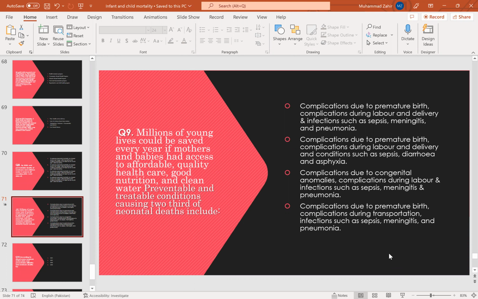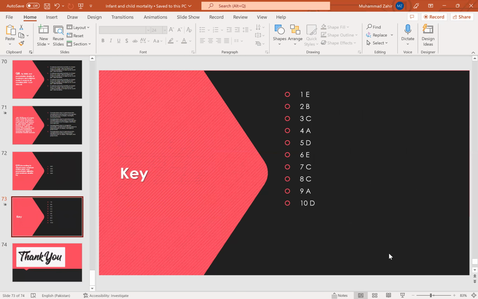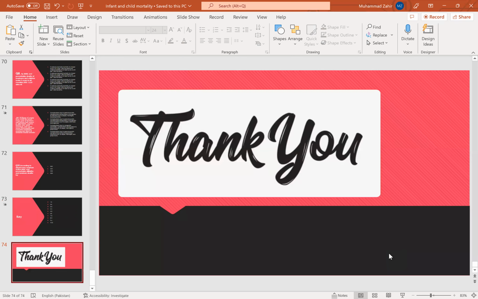These are the main complications. So A is the correct answer. According to the Every Newborn Action Plan, preventable stillbirths and newborn deaths will end by 2030. Yes, the correct answer is 2030. This is my key and thank you so much.